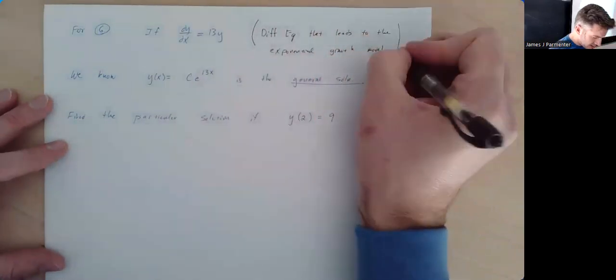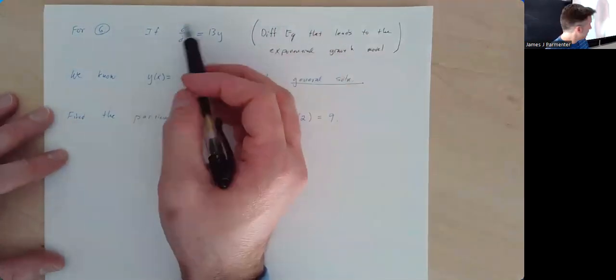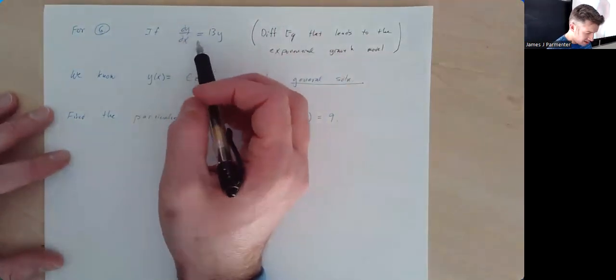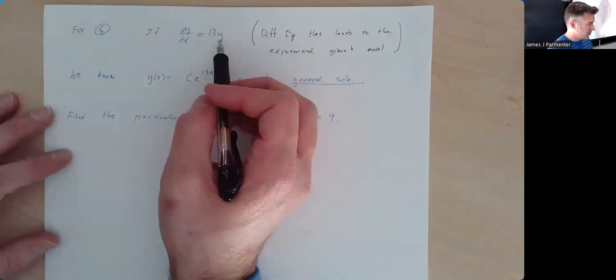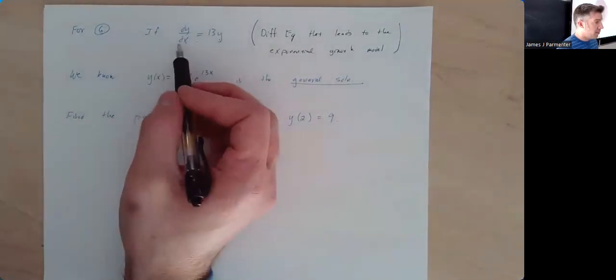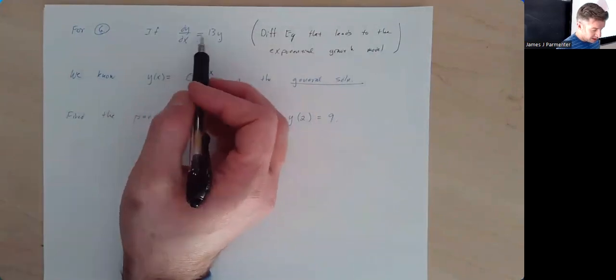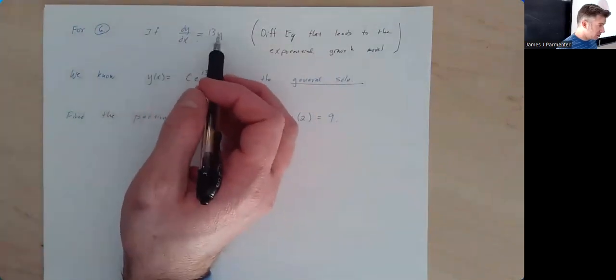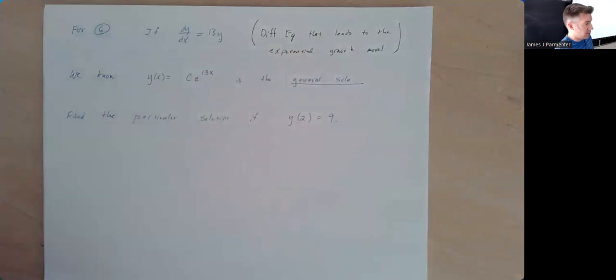Because all this says is that the rate of change of y is 13 times y. So if you're thinking of y as your population, you're saying the rate of change of your population is 13 times however big the population is. And as the population grows, it grows faster and faster. And so that's how we get exponential growth.